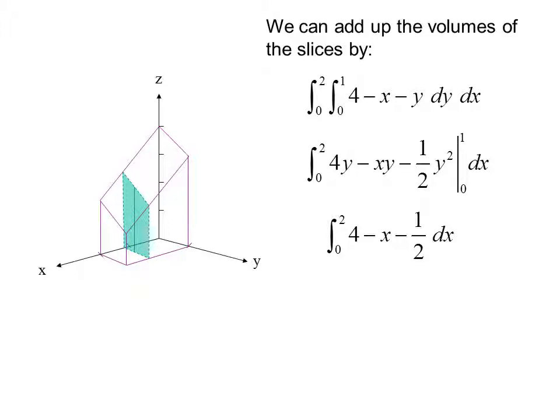We evaluate, and now we do the outside integral. Taking the antiderivative, we have 4x - 1/2 x squared - 1/2 x from 0 to 2, or 8 - 2 - 1, or 5.